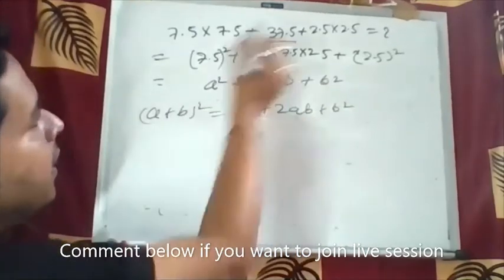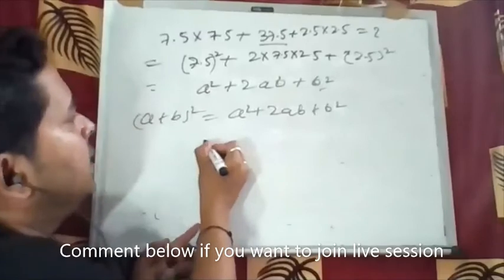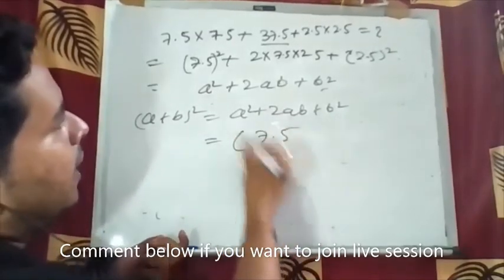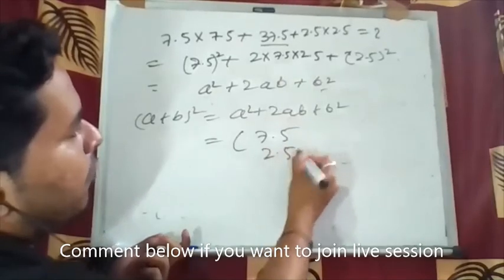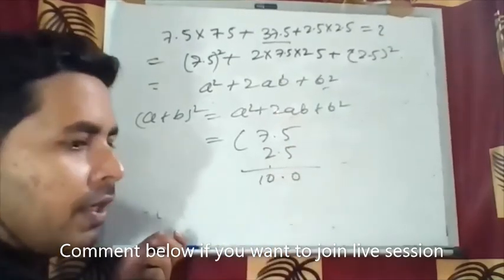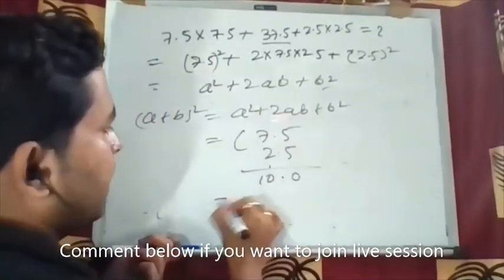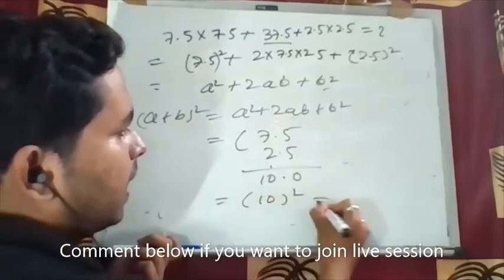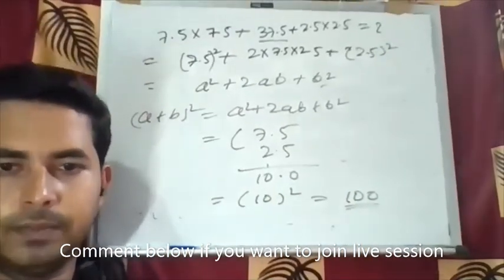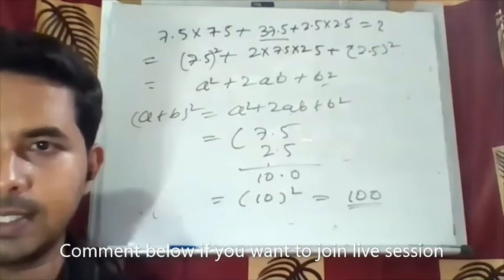Okay, so now I came to know what is the value of a and what is the value of b. So 7.5 is the a value and the b value is 2.5. I'll just add, so I'll get a 10. So here your answer will be like 10 square, and finally you'll get an answer as 100. Yes, understood?